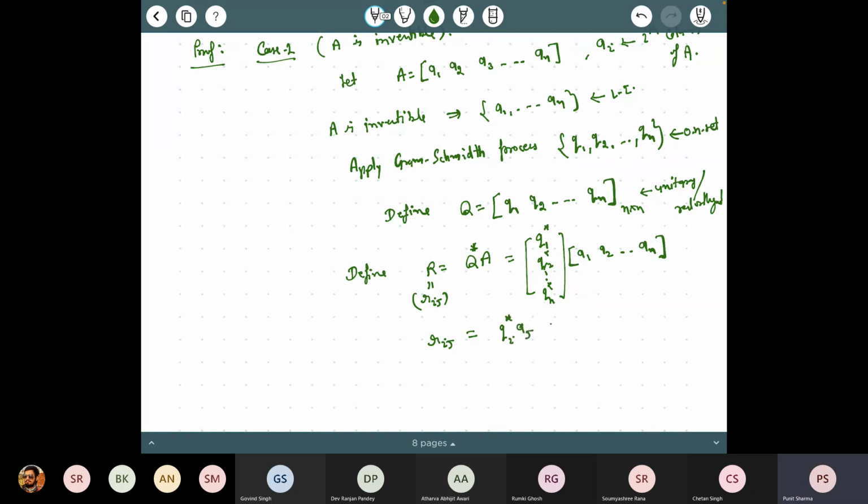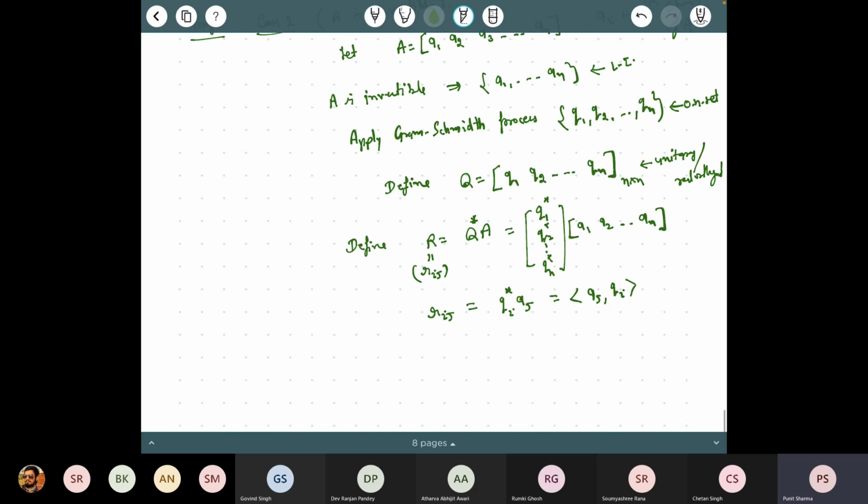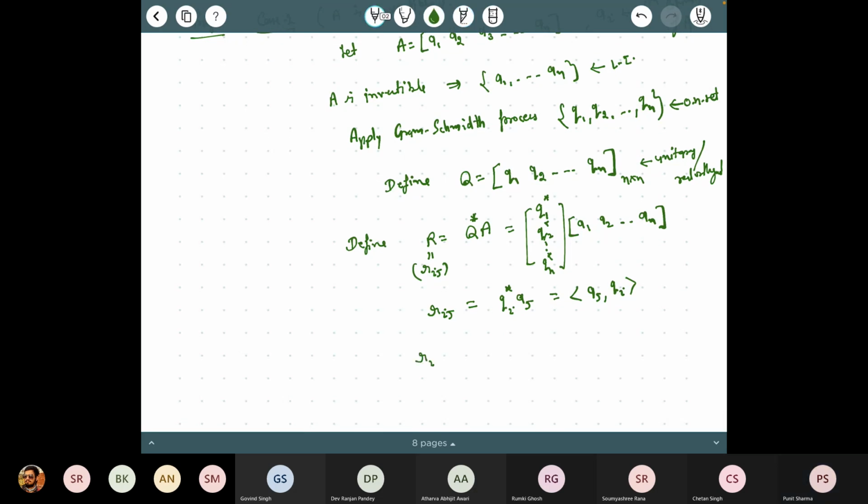So Qi star Aj you can also write as the inner product of Aj and Qi, where this inner product is the standard inner product. Now can you tell me what would be Rij when i is greater than j?